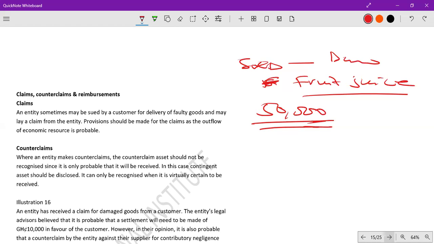So we also file a suit against XYZ company. That is a counterclaim. Do you get the difference? A counterclaim against our supplier that he is the cause. Are you getting this thing of the counterclaim?